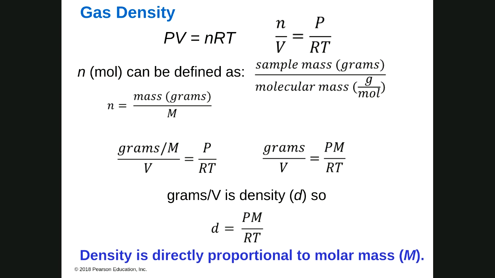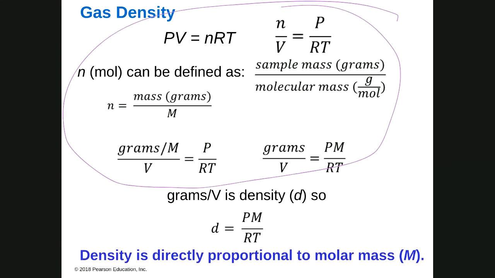All right, and so this I give to my mathy people because they like to see how things are derived sometimes. But what we're going to use is this density formula right here, that the density of the gas is equal to the pressure times the molar mass in grams per mole divided by R and the temperature in Kelvin.